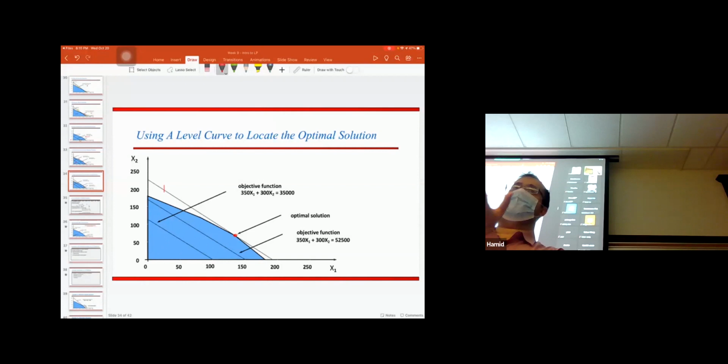So the way the software works, or your friends who are doing operation management or industrial engineering, is that they find some mathematical way of doing that. But in summary, everyone tries to look at the corners. Even though your computer has very advanced internal mathematics, at the end it just looks for the corners of the feasible region and finds the best solution.